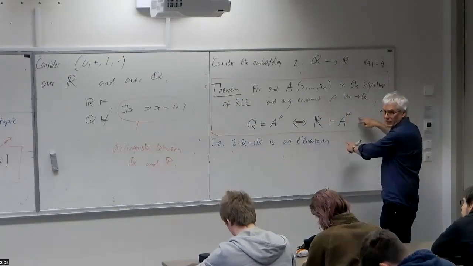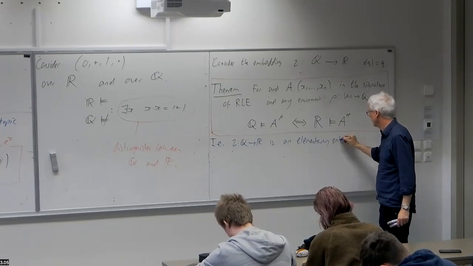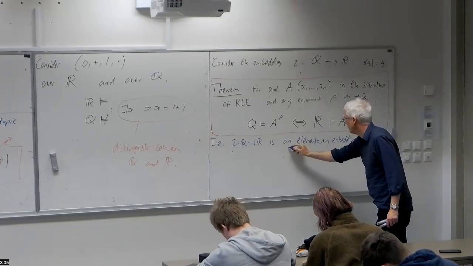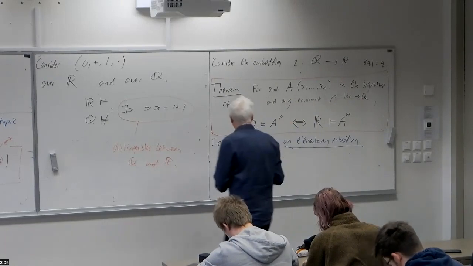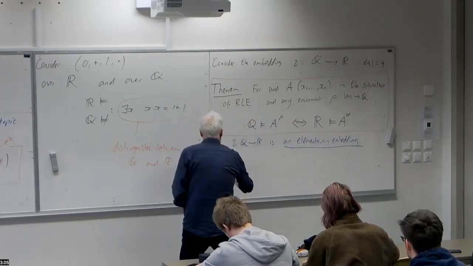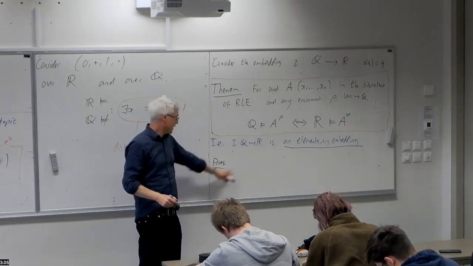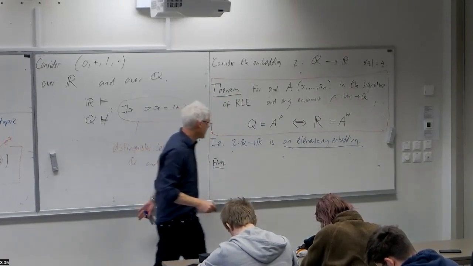This property is exactly the property that defines an elementary embedding. As I say, that's something for later in the course. I just want to say a few words about how to prove this. But as you can see, I'm not going to say much because I've put it down at the bottom of the board and there isn't very much space.